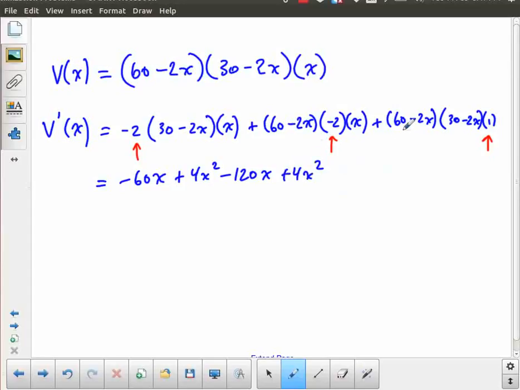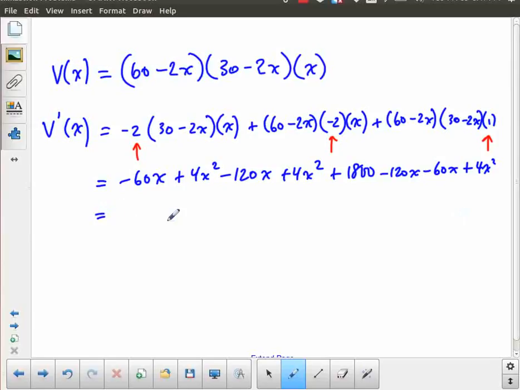This one's going to be 1800. And this one's going, oh, this is actually a full expansion. So first outer is going to be minus 120x. Inner is going to be minus 60x. And last is going to be plus 4x squared.